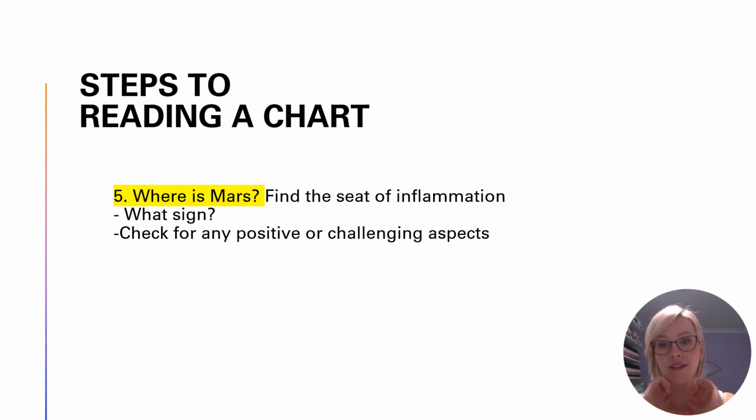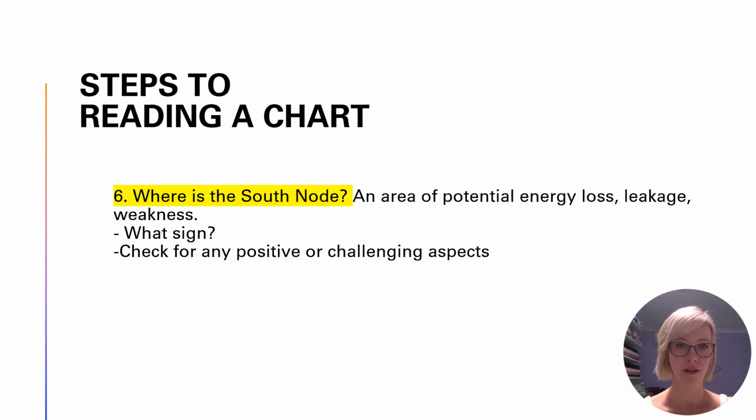Where is Mars? So Mars tells us where the likely seat of inflammation is for this person. Check what sign, house, and positive or challenging aspects. Where is the South Node? So that's an area of potential energy loss, leakage, or weakness.